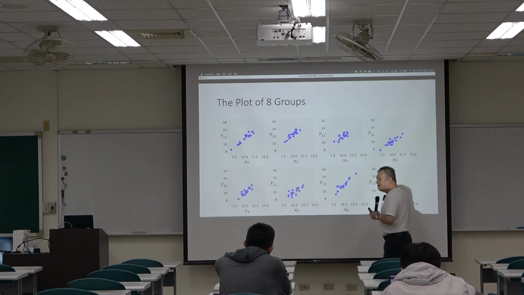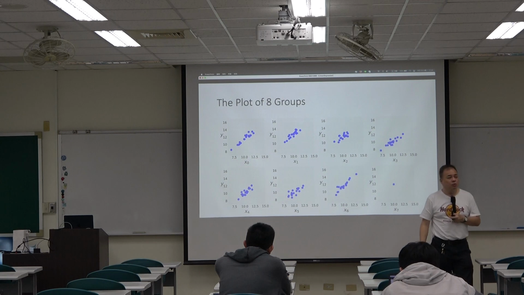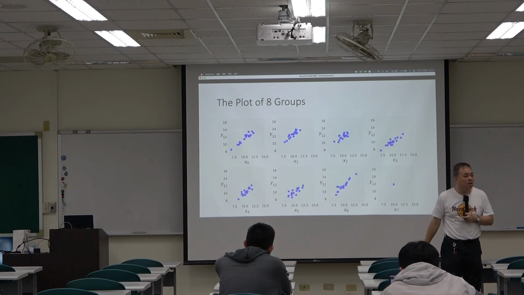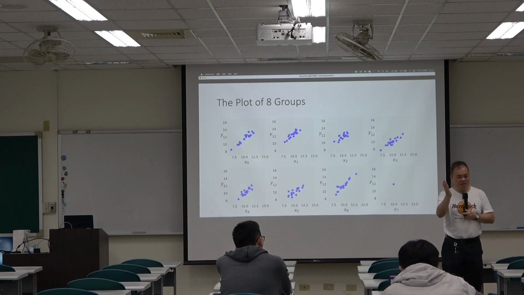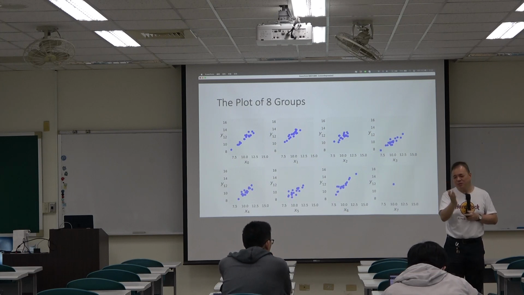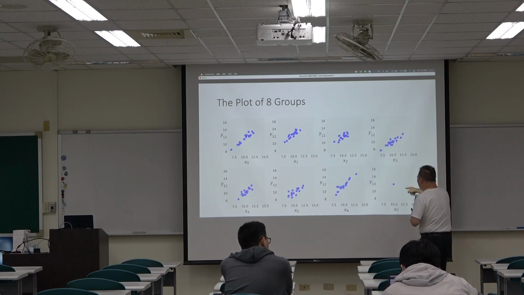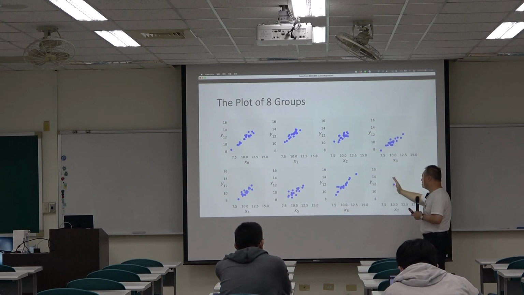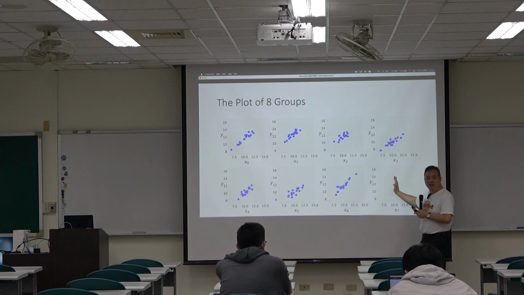But for the last one, how do you come up with a reasonable line? To have a line, you need at least 2 points, right? If you have only 1 point, how can you have a line? Of course you can have a line that goes through this point, but it could be just like that Wheel of Fortune thing.